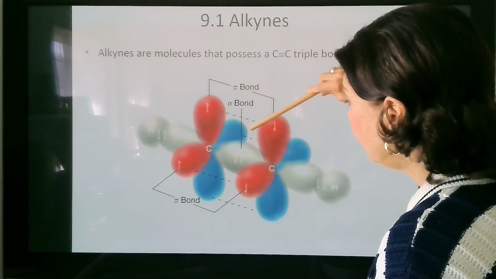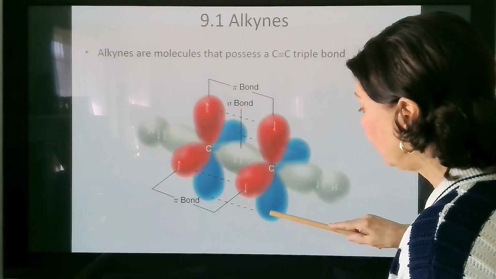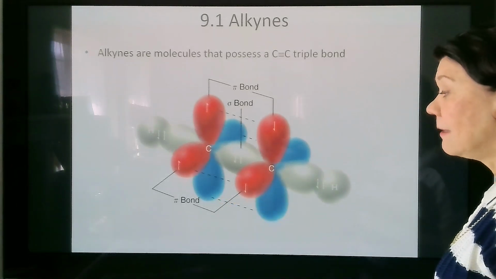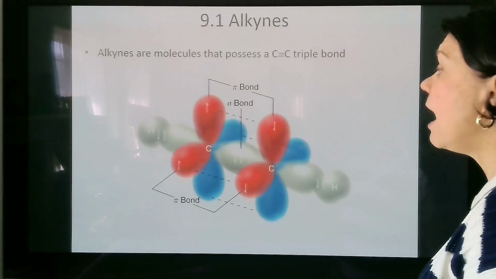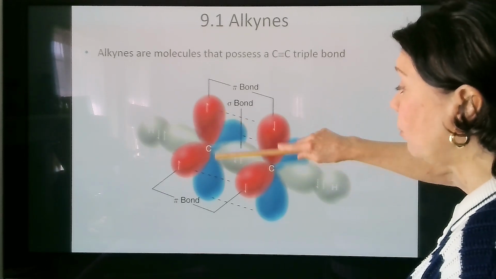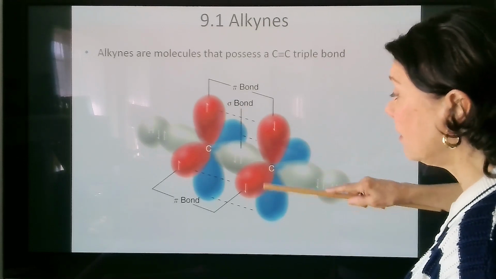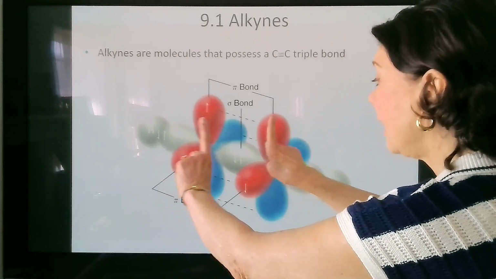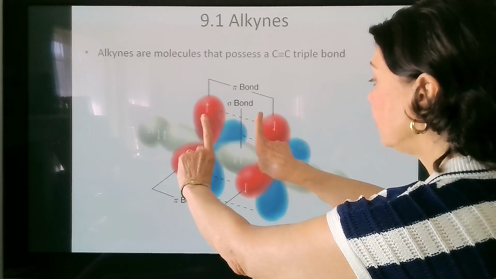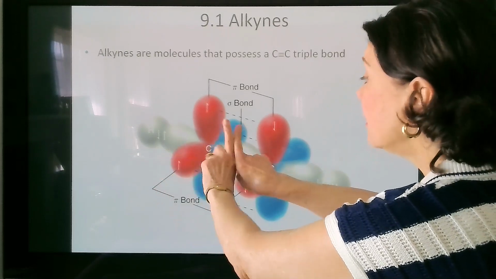And so here you can see the overlap between these two red orbitals and these two blue orbitals. That constitutes one of the two pi bonds in an alkyne. The p orbitals that are overlapping are going up and down, and they're parallel with each other. And so you have this sideways overlap that constitutes a pi bond. The sigma bond is end-on.